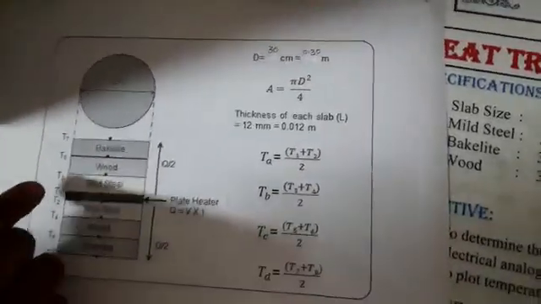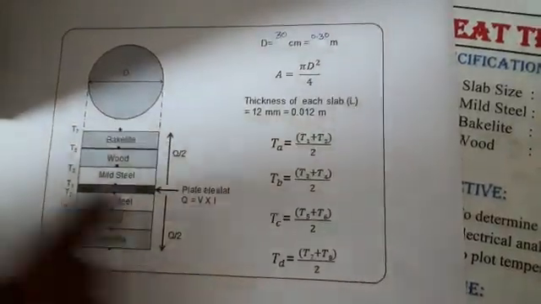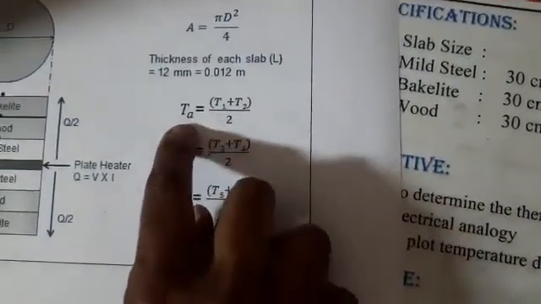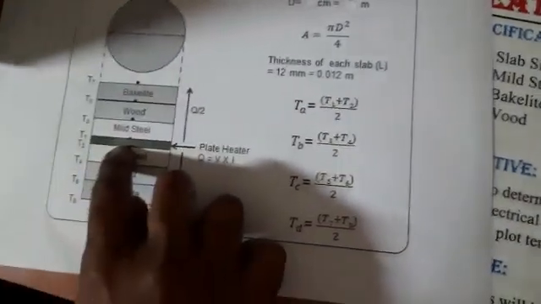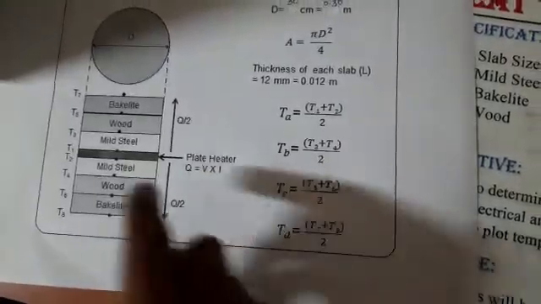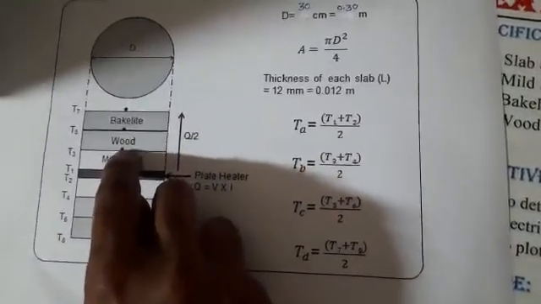So, that is assumed. Similarly, T3 and T4, if you take the average of these two temperatures, that will give us TB. So, TA is the inner surface temperature of the mild steel, TB is the outer surface of the mild steel, which is the same as the inner surface temperature of the wood.